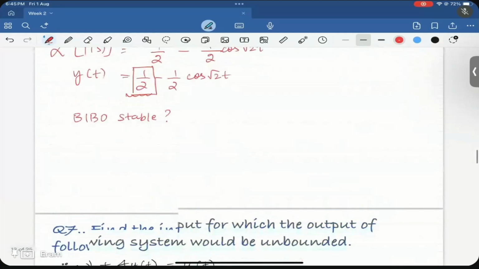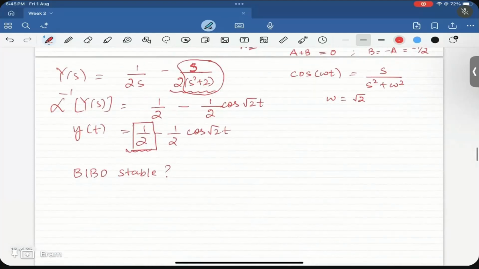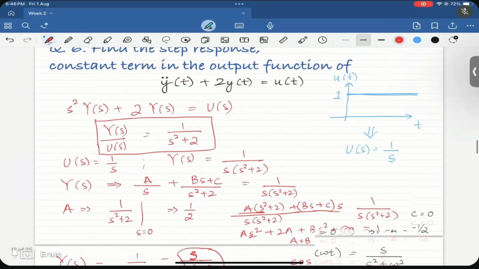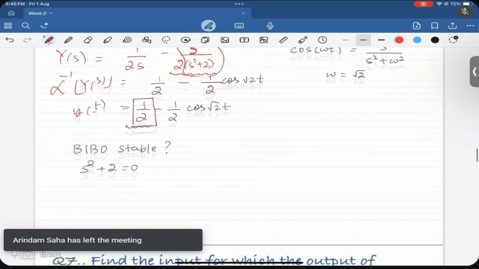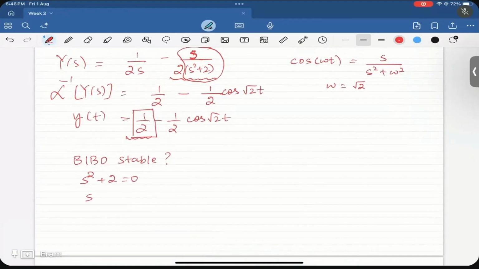To calculate the poles, we have to set the denominator to 0. The denominator of the transfer function is s² + 2. So s² + 2 = 0 means that s² is minus 2, right? So s will be imaginary, s will be plus minus i times under root 2.